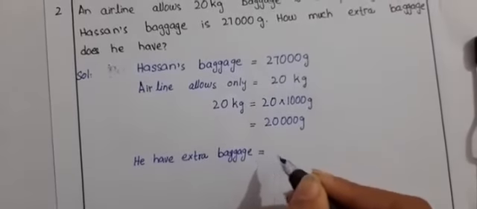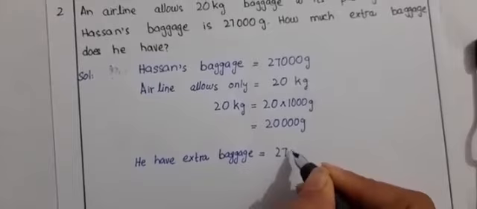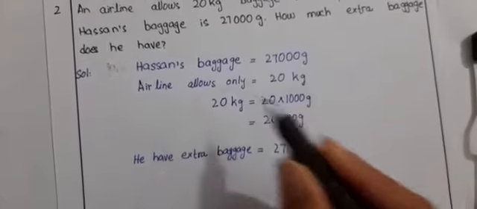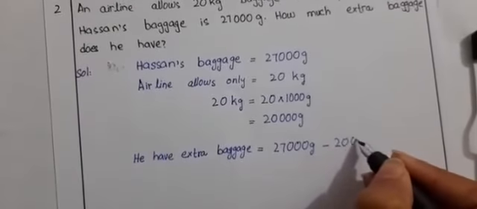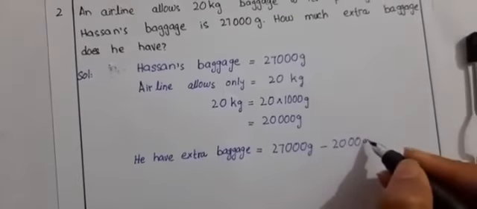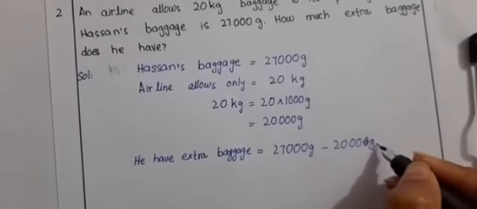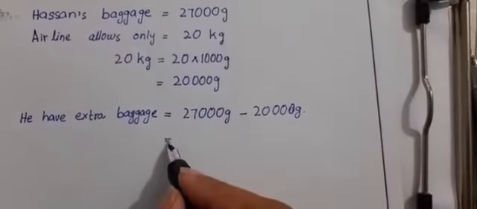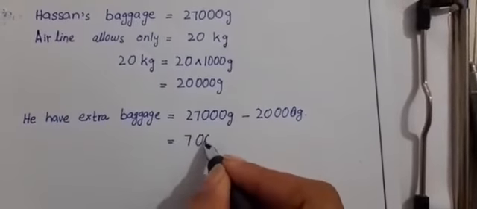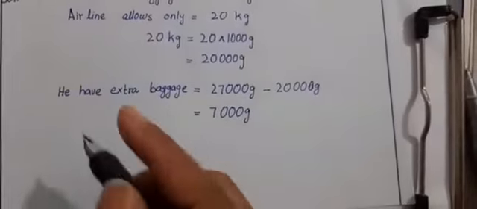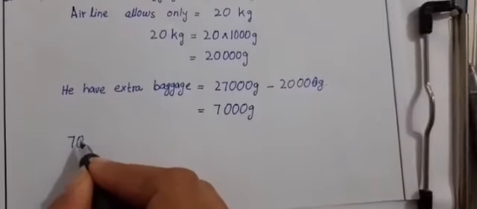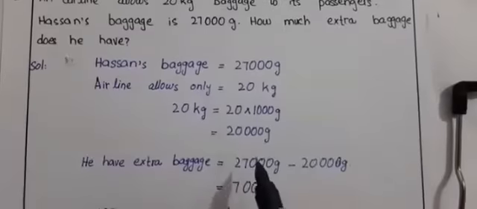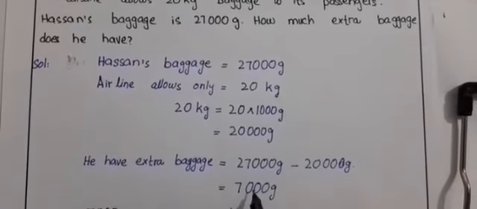We can calculate it by the baggage he has, that is 27,000 gram, and we will subtract the baggage airline allows, that is 20,000 gram. So boys, when we subtract 20,000 from 27,000, it will be 7,000 gram.